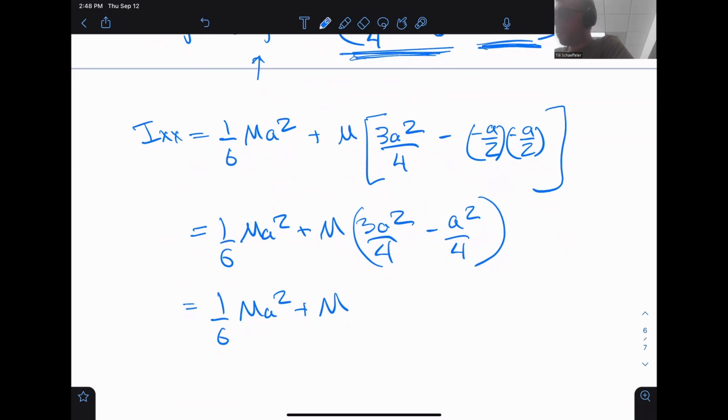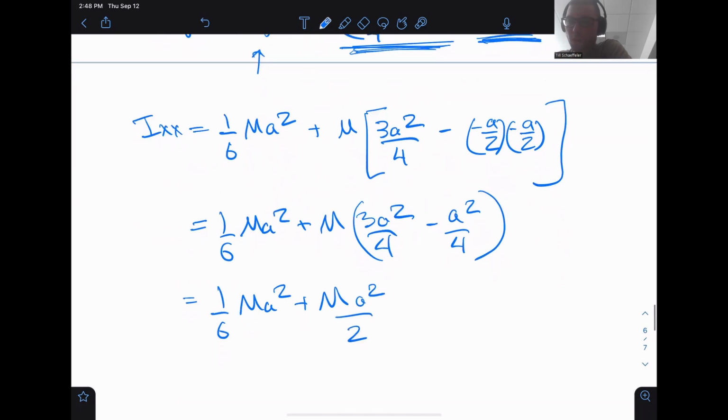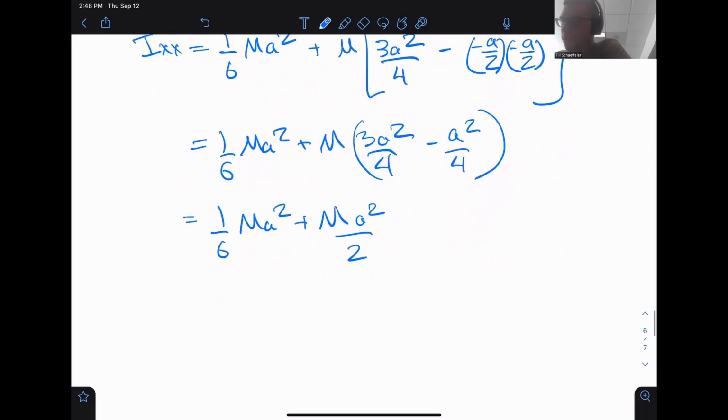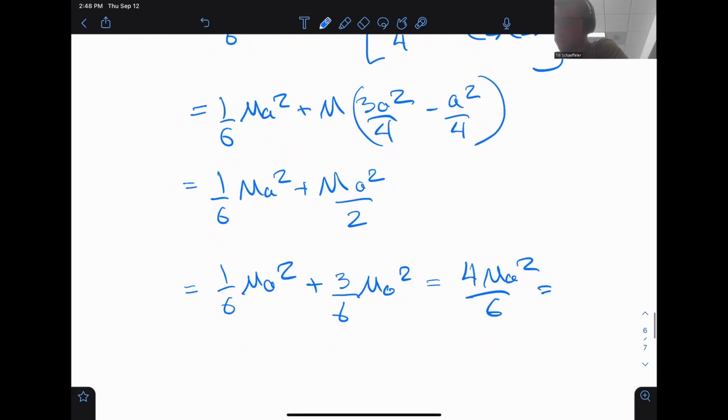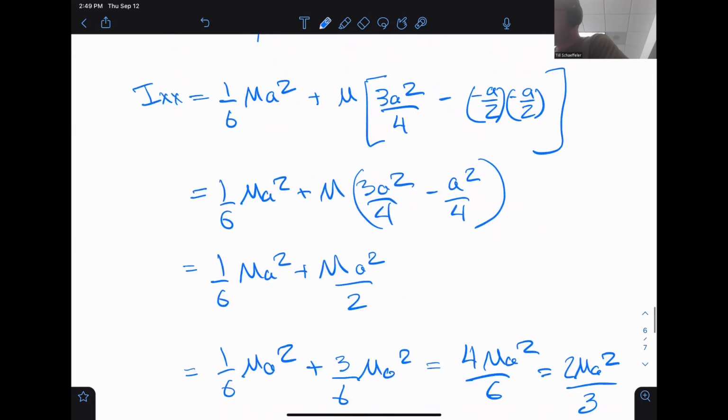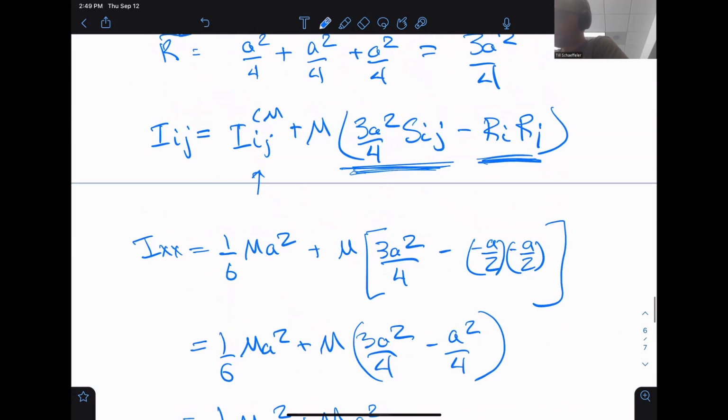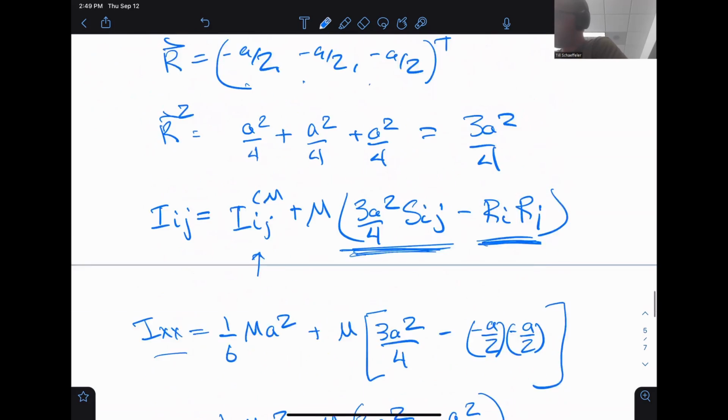So 3/4 minus 1/4 is 2/4, which is the same as 1/2. Adding fractions can be very hard. Okay, so that is I_xx of the moment of inertia tensor through the point P.